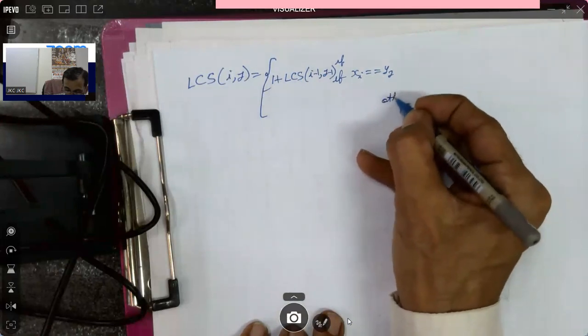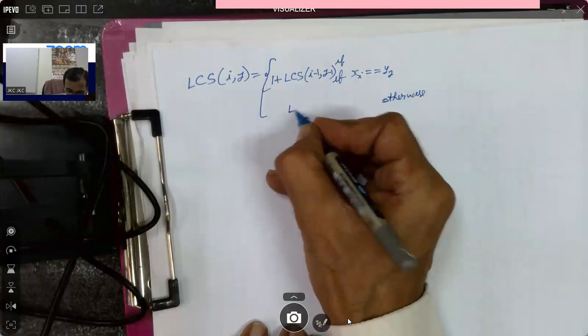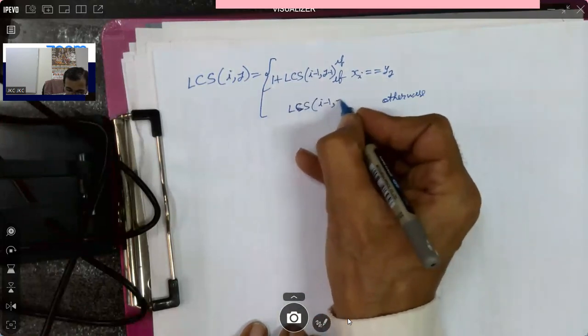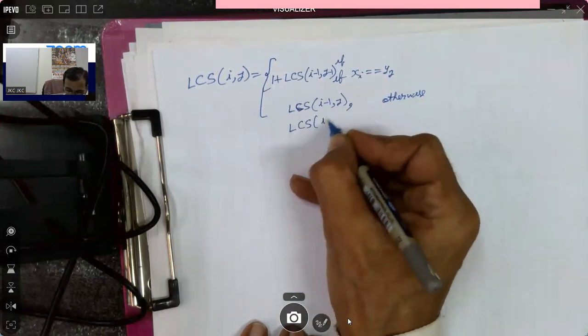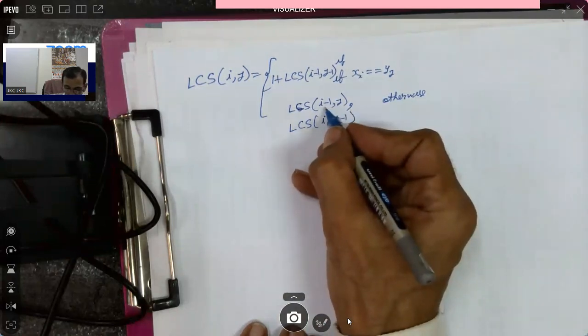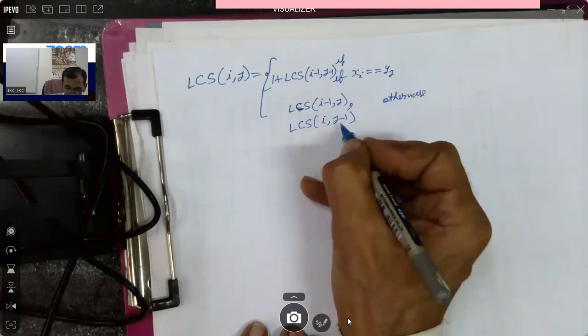Otherwise, there are two possibilities. One is LCS found with lengths i minus 1, j. The second is LCS found with lengths i, and j minus 1. Like this was the case m minus 1 and n, and this is the case m and n minus 1.